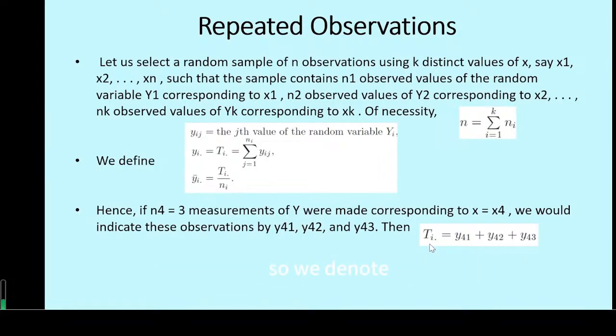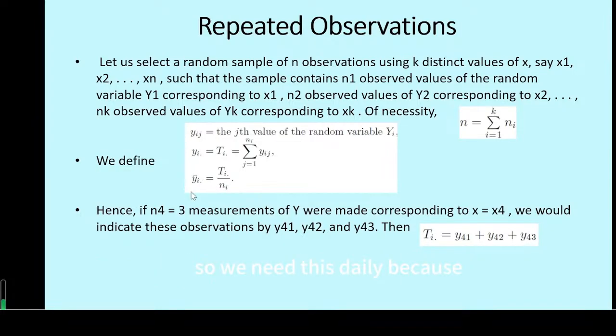So we denote ti dot equals the sum of the y values for this given x value. Then we divide it by ni, and we get the mean, yi dot. This value is the mean y value for the given xi.